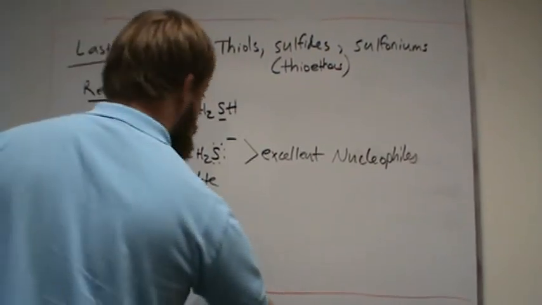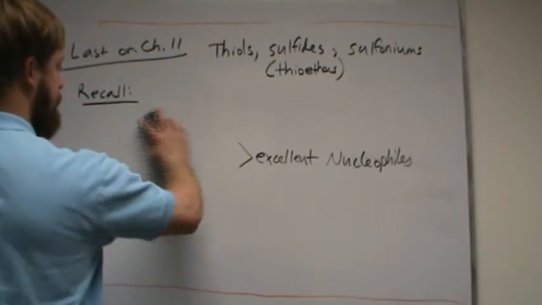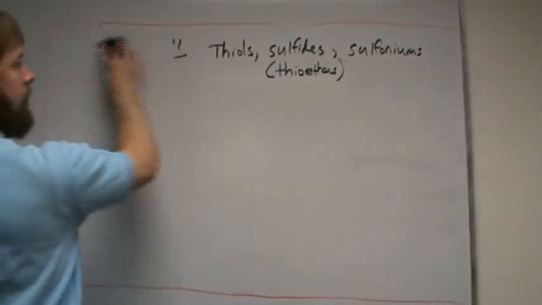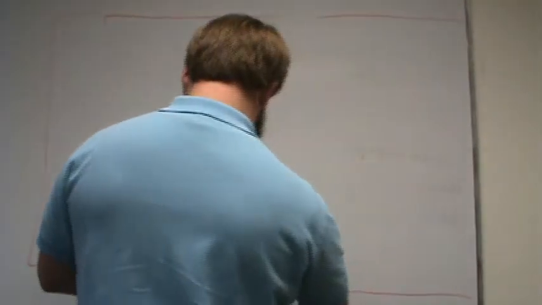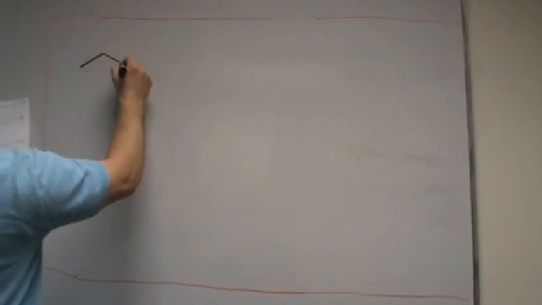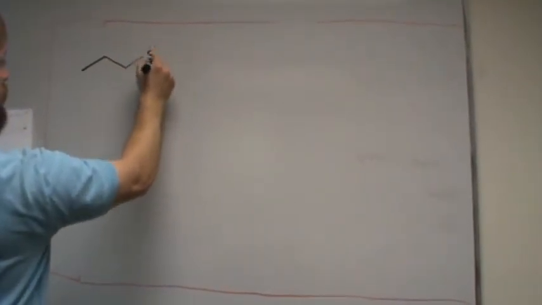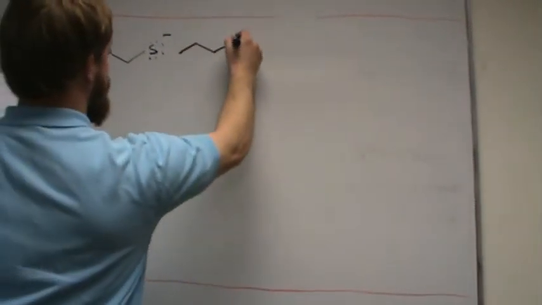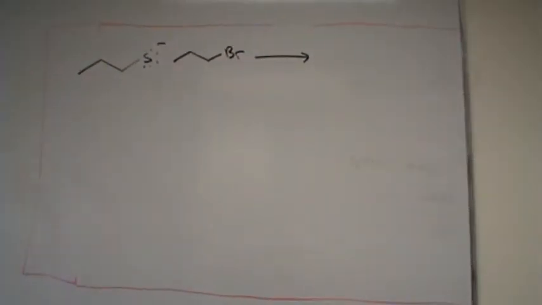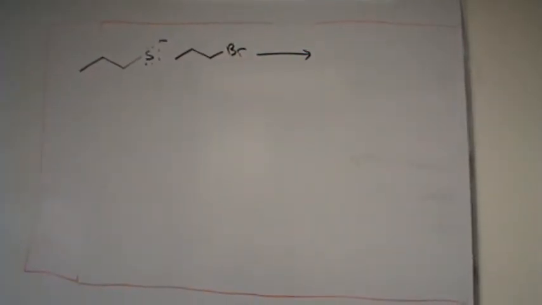Okay. We can do substitution chemistry with them. For example, I take this thiolate, react it with an electrophile. What would be my product? What kind of reaction would this be?